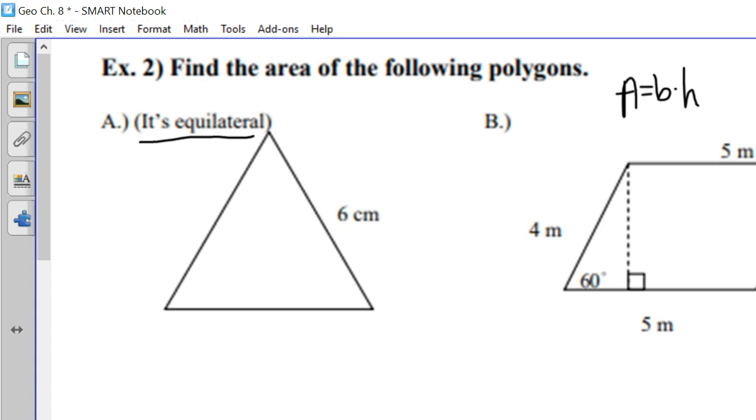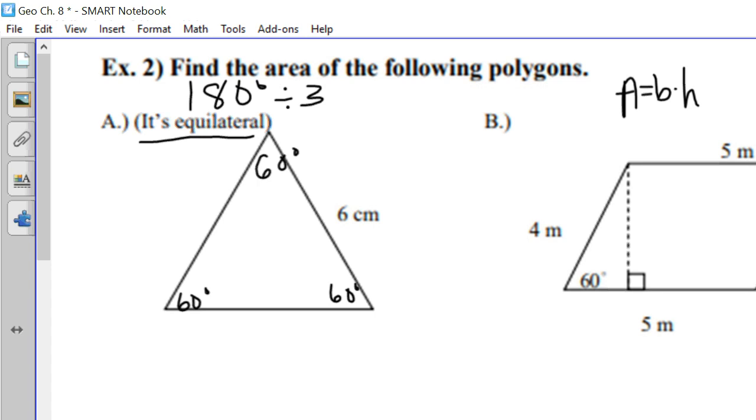Equilateral triangle. That is 180 degrees in a triangle. You're going to divvy it up evenly into 3 different angles. What is 180 divided by 3? 60. So each angle is going to be 60 degrees. You're like, Miss Applegarth, this is not a 30, 60, 90 triangle.